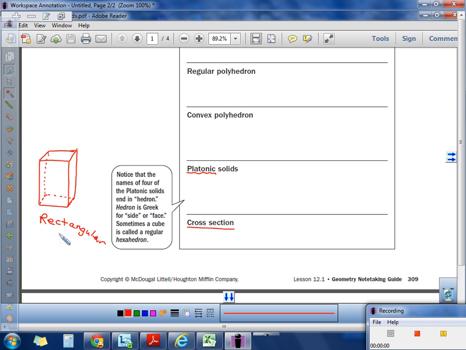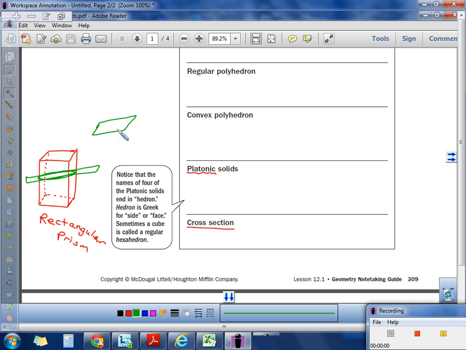Second word, anybody got a guess? Prism, good. This is a rectangular prism. So if I say I want to see a cross-section, whenever I take this piece of paper and I slice it, so what would that look like? If you took this and sliced it, well, you'd take a view of what this area actually looks like. And when you kind of zoom out, it would look like this.